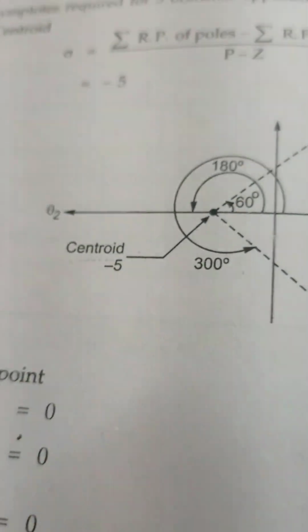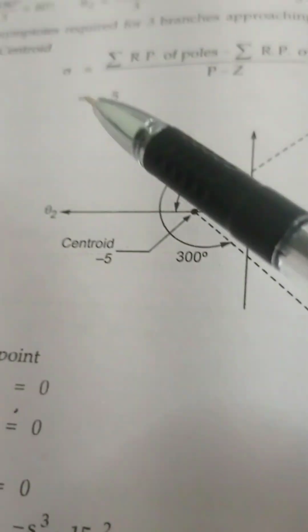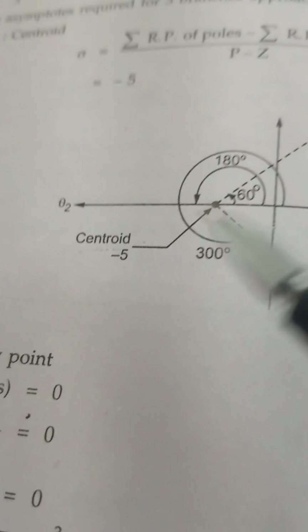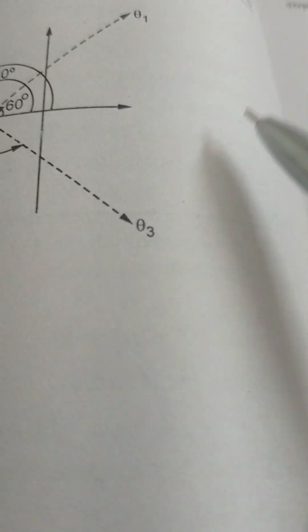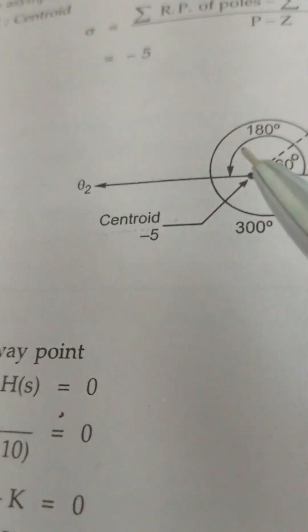The centroid is at -5. This minus means it is towards the left side. This is the right-hand side of the S plane and this is the left side of the S plane. Therefore the centroid is at -5.